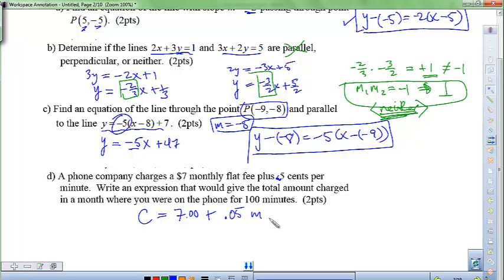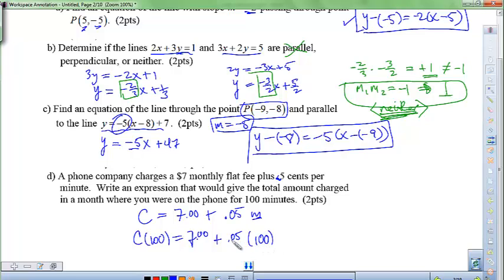So this is your expression, and what happens if you had 100 minutes? So C of 100, this is putting in 100 for M, so that's $7 plus 5 cents times 100 minutes.